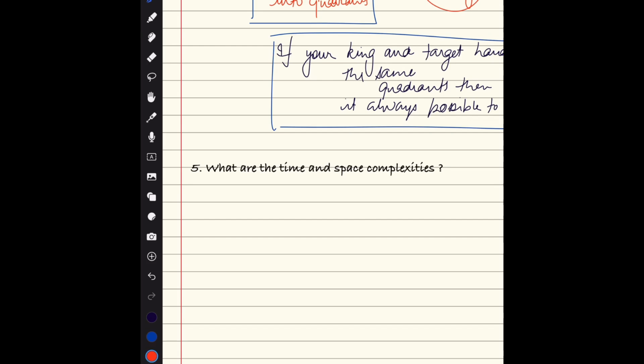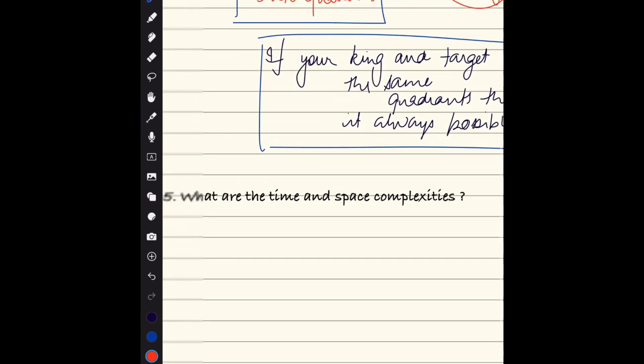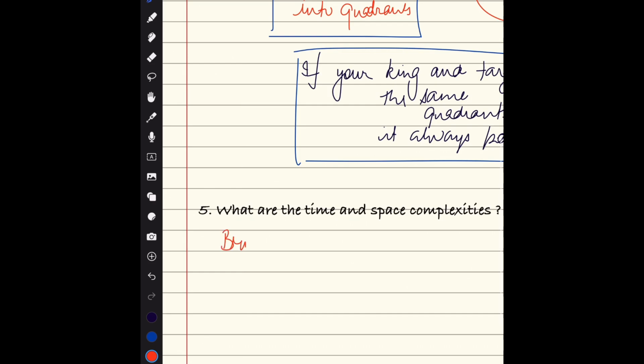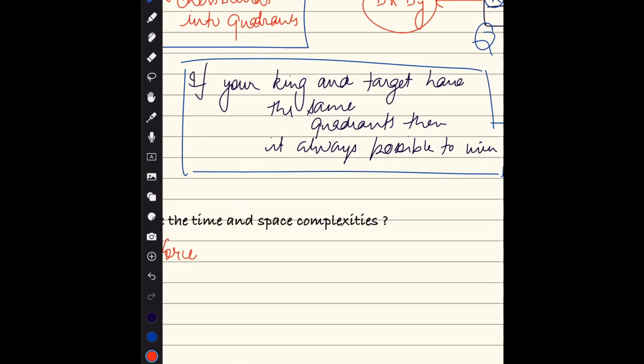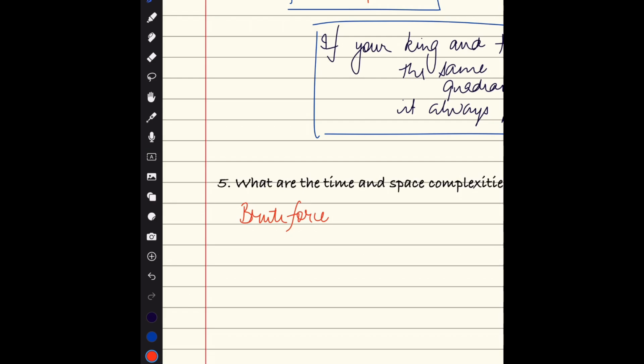Now let us discuss time and space complexities for both. If you have a brute force approach, and I'm comparing it with the optimized one, in the brute force approach I will be using BFS or DFS, in which I have to explore the entire state, right?